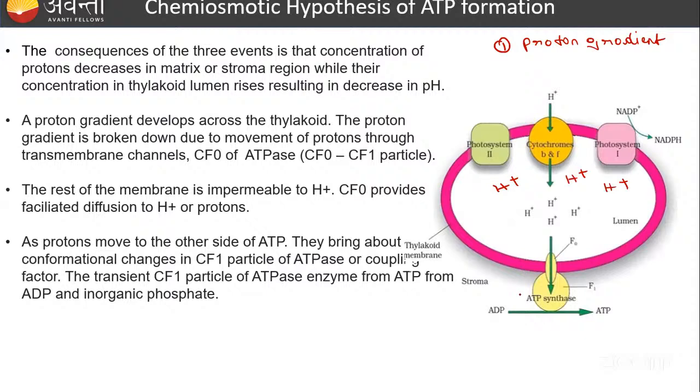The main enzyme is ATP synthase. The ATP synthase enzyme is located on the thylakoid membrane. It has two subunits, guys. One is F naught and another one is F1. You know this F naught we call a proton pump.